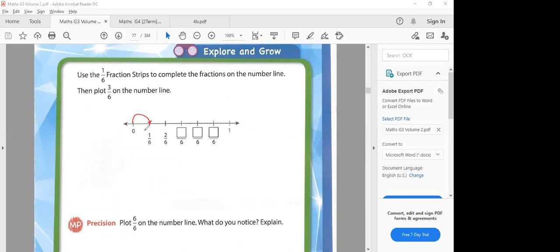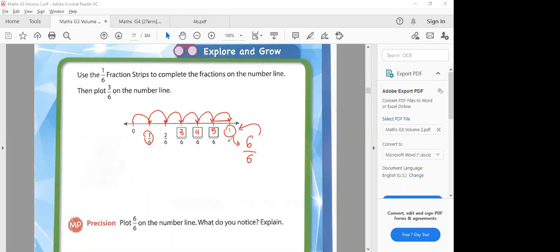The first jump is 1/6, then 2/6. Then we fill this space, 3/6. Then 4/6, then 5/6, then 6 over 6. So you can say that 6 over 6 will equal 1.